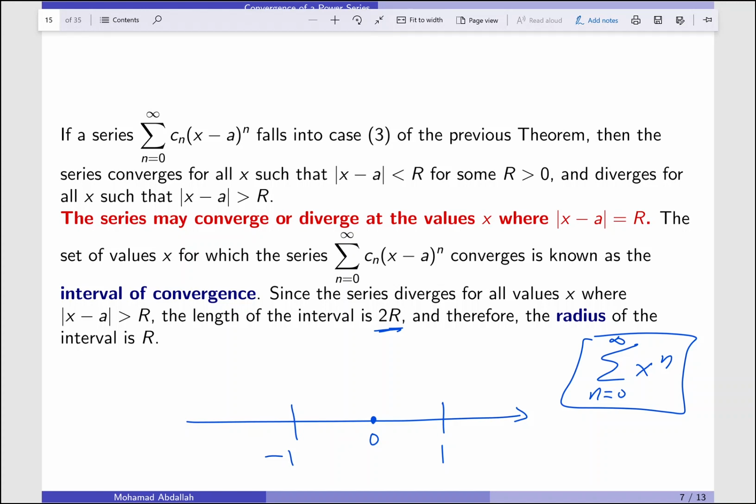But for the geometric series, we know that at the endpoints, it diverges. So this is the interval of convergence from here to here. The radius r is half of the length, so here r is equal to 1. This is called the radius of convergence, which means 1 from either side of the center.